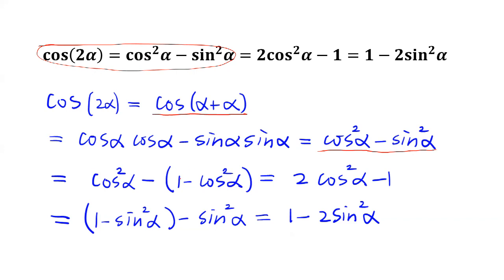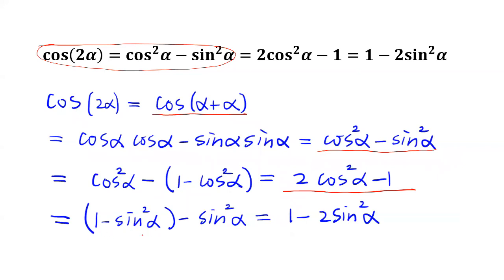And also note that the second term, sine alpha squared, can be rewritten as 1 minus cosine alpha squared. So cosine alpha squared minus the difference between 1 and cosine alpha squared is actually twice of cosine alpha squared minus 1, right? And of course, the first term can be rewritten as 1 minus sine alpha squared.